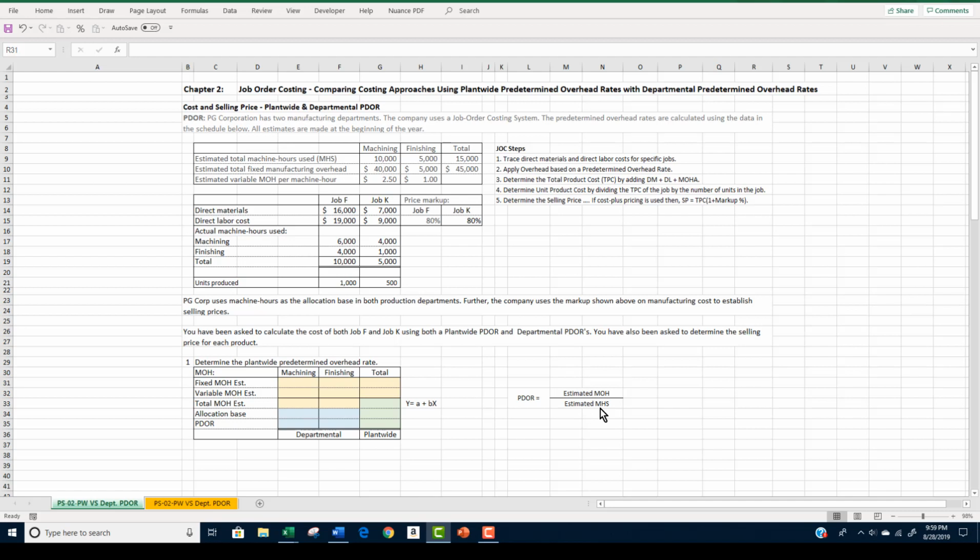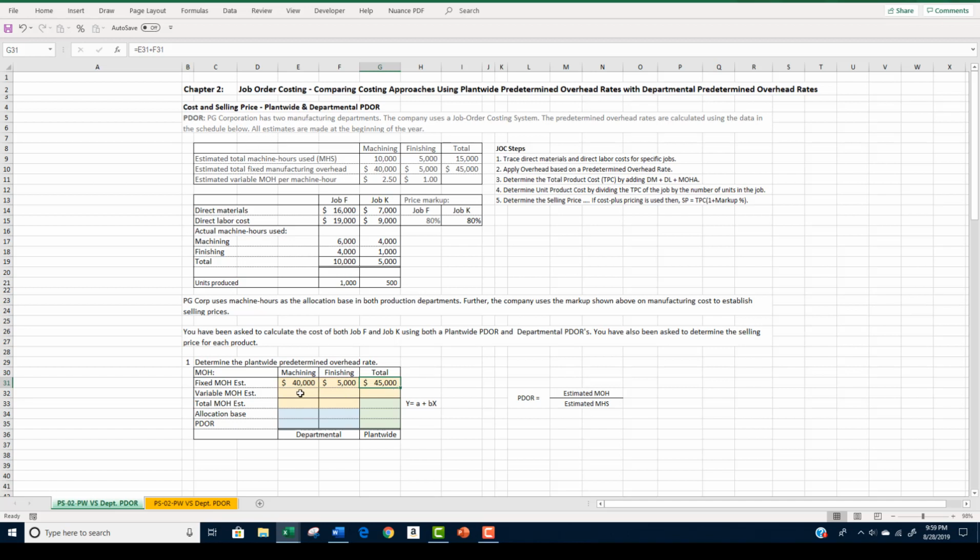For this problem, to determine the estimated MOH, we need to add the fixed MOH for each department to the estimated variable MOH for each department. The fixed MOH is easy. It is $40,000 for machining and $5,000 for finishing. So you have a total of $45,000 in fixed MOH.